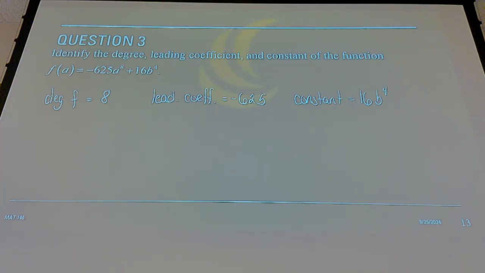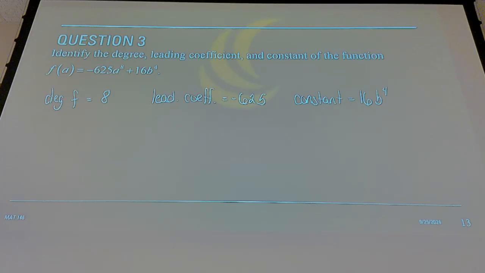Look at the independent variable for the function. What is it? So it's the independent variable for f. I just said it.